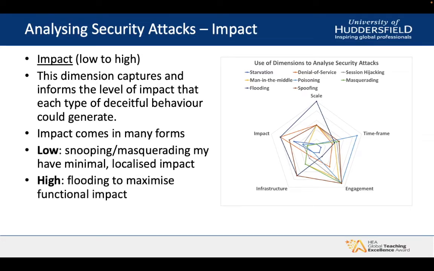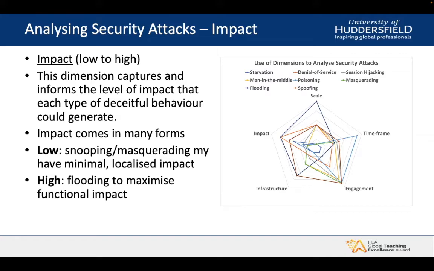Then if we look at the impact, so how does this all come together, and what's the final impact on the actual application? Well, this is measured in sort of low to high terms, and this is the one that's probably most important, really, for the end user to consider.